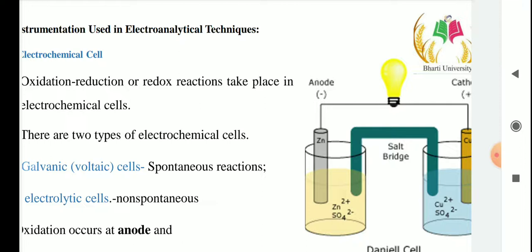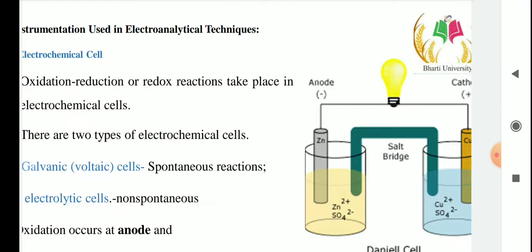In an electrochemical cell, oxidation and reduction reactions go on simultaneously. This reaction is known as redox reaction. So, in an electrochemical cell, a redox reaction takes place.